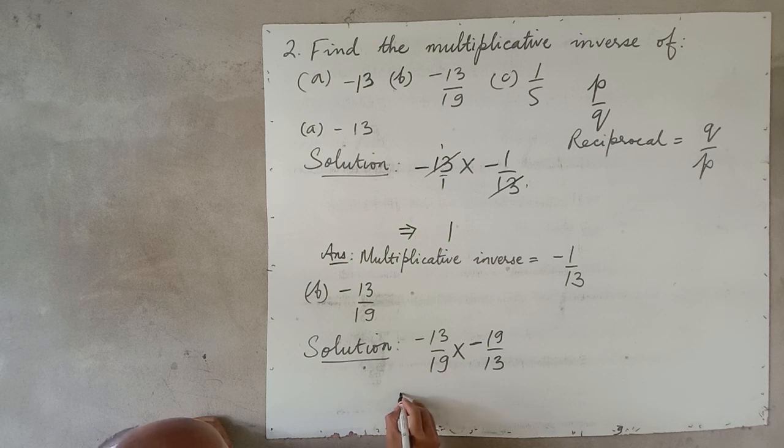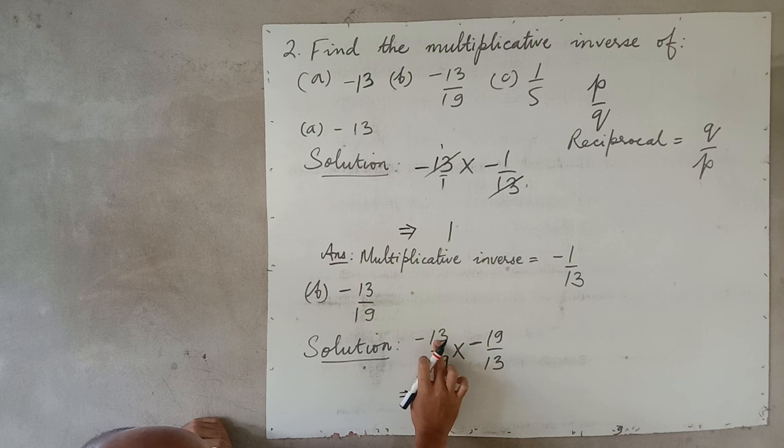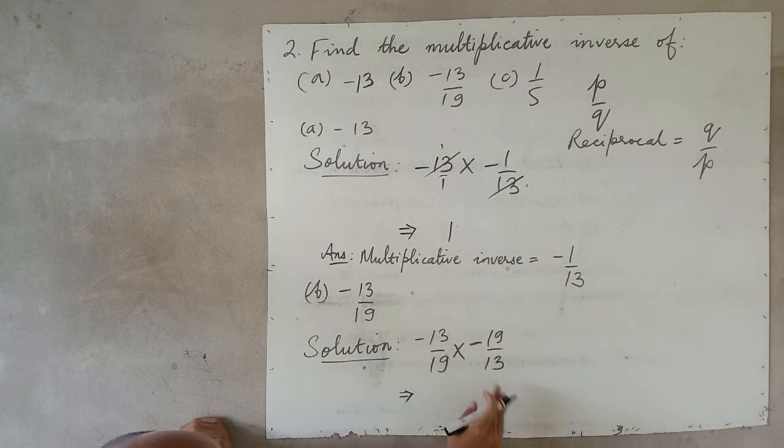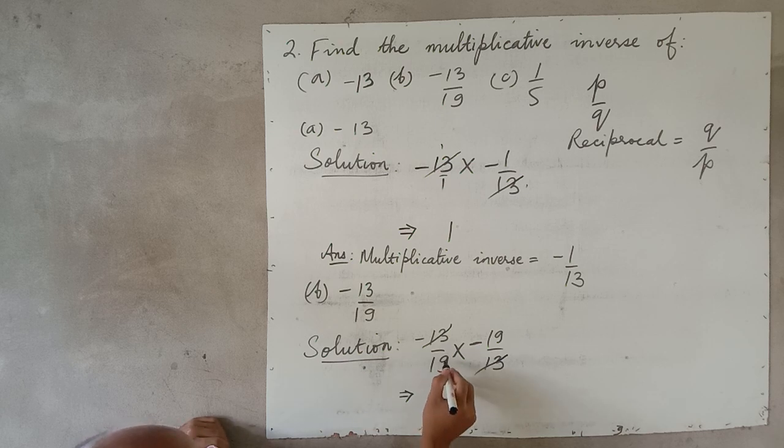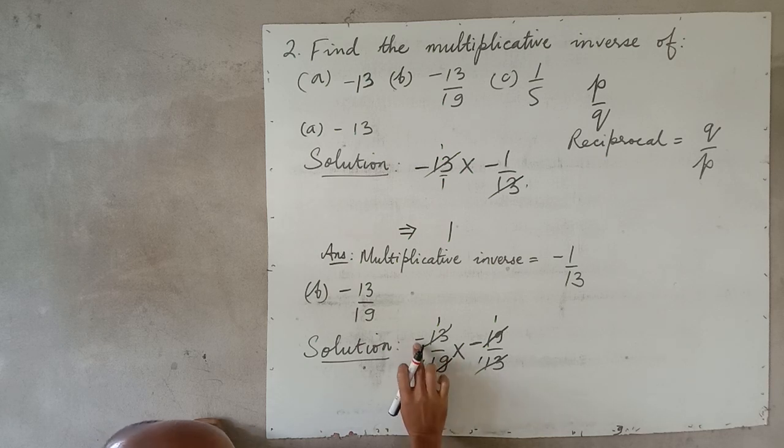Now what is the product then? Let's say 13 in the numerator side, the upper side, and 13 in the lower side. They can be cancelled, they can be cut. And 19 in the lower side and 19 in the upper side, they become 1, 1. And here 1 and here 1. Now let's multiply the sign first. Minus into minus will be plus.